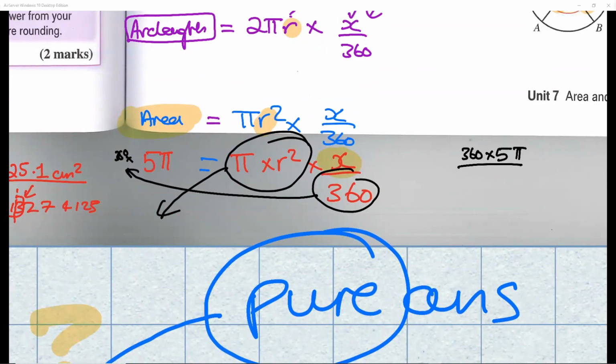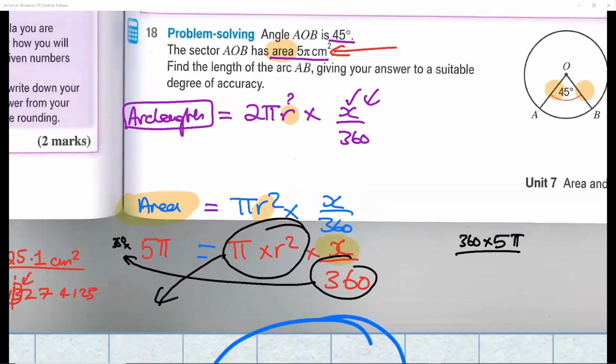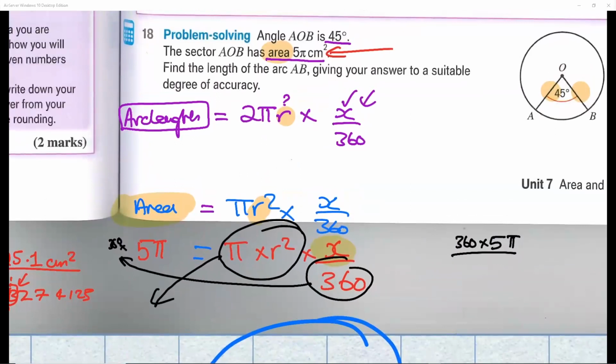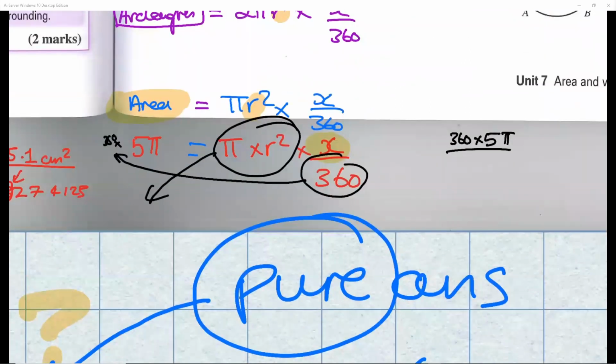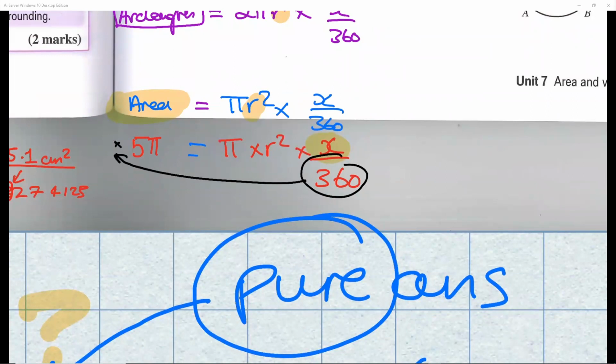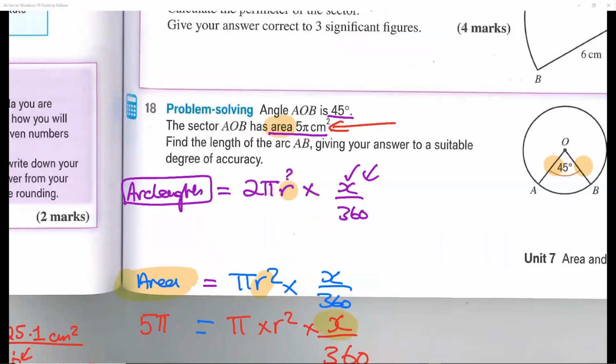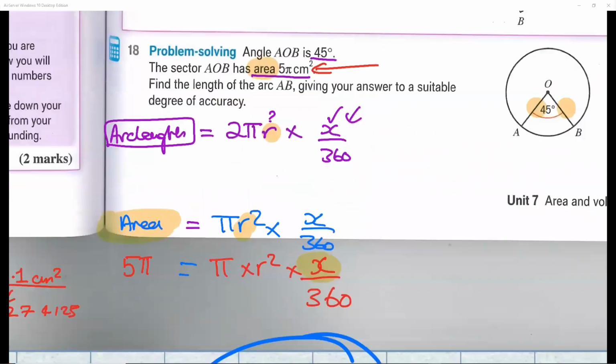Hang on one second. Do we know the angle? We do know the angle, 45. Whoa, hang on a second. I'm going to backtrack a bit, folks. We're not trying to work out the x, we're trying to work out the radius, the r.